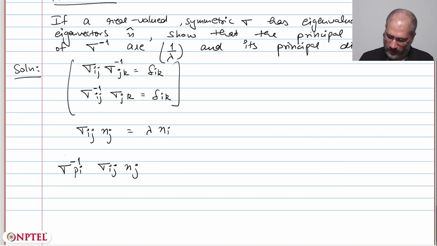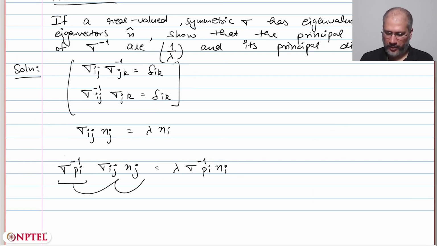On the right hand side we then have lambda times sigma inverse pi times ni. I can write the sigma inverse anywhere, it doesn't matter, because in indicial notation the order of the terms does not matter. The index order matters, but I'm writing it in such a way as to see the multiplication of indices. I'm trying to pre-multiply the equation because I want to write sigma inverse times sigma as an identity.